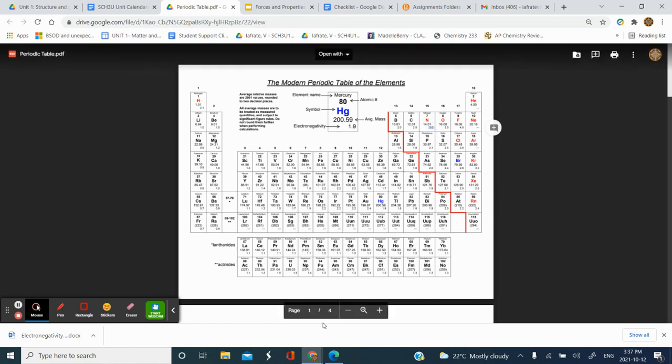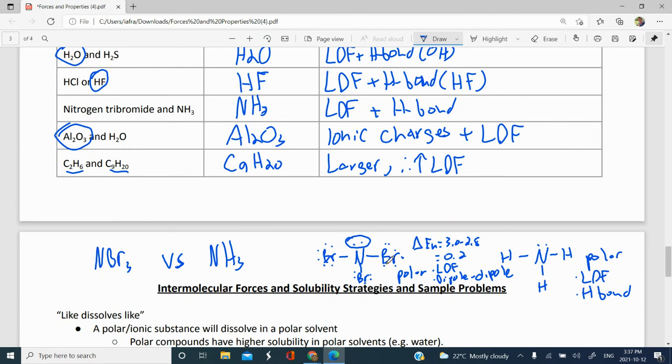It's pretty light. So it does have a lot of LDF. Maybe the LDF and the dipole-dipole together might be enough to overcome the hydrogen bond. It's tough to tell. For now, based on your knowledge, you would go with NH3 and justify it that way. If it was different, I might provide you with data and you can explain why it's different, and that could be just because there's more LDF.